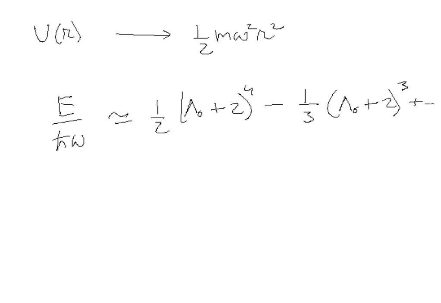And after eliminating this lambda 0 plus 2 from the above equations and keeping terms of larger order in delta 0 plus lambda 0 plus 2, finally we get this relation. E by h cross omega is approximately half into 3 by 2 a to the power 4 by 3.